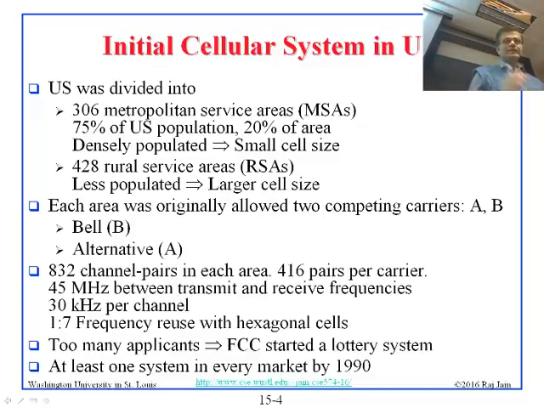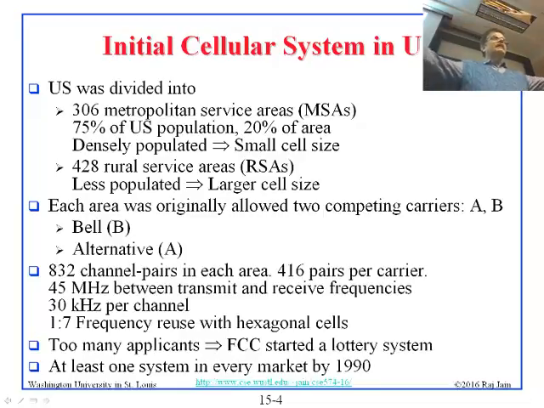Right? It's like 80-20 rule. Right? And that was divided into 306 areas, MSA. MSA is the Metropolitan Service Areas. Then 428 Rural Service Areas, RSAs.